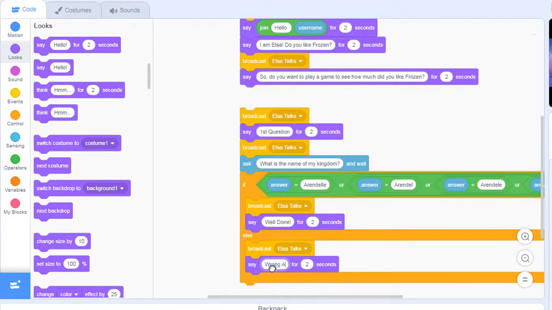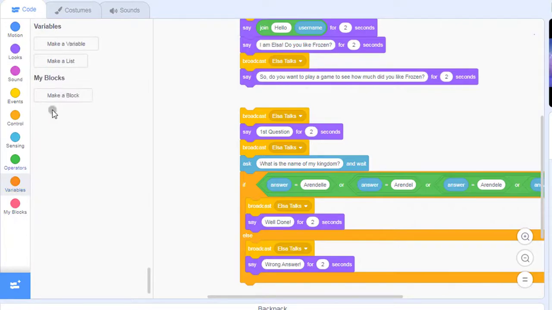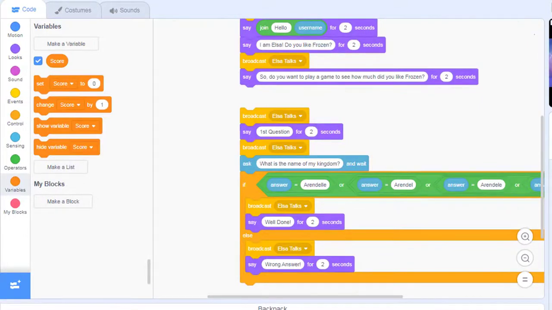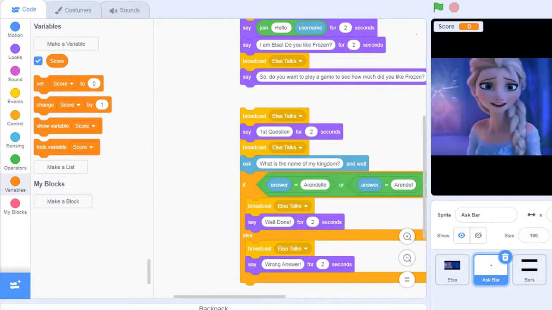wrong answer. What I would like more to do is actually to create a variable score, so that each time the player gives the correct answer, then to take 1 point. So go to variables, make a variable, I will name it score. Okay, here it is my variable, score is 0 right now.